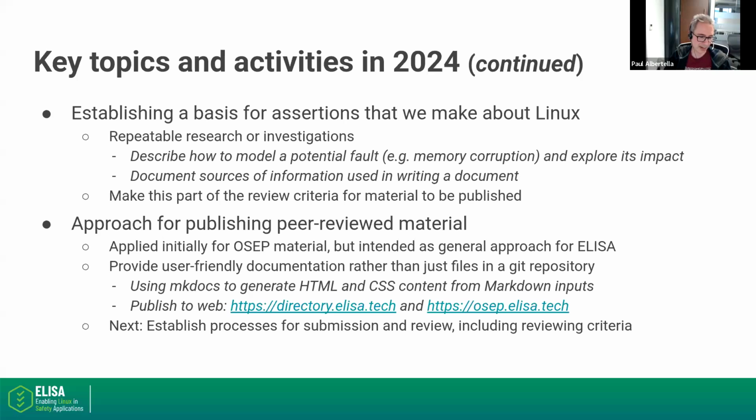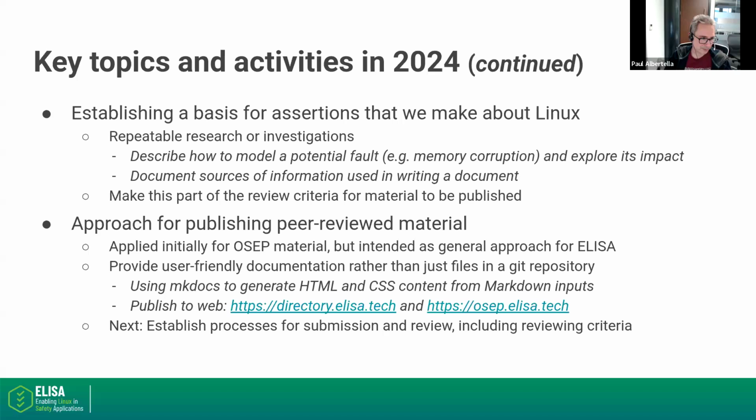The principle here is to have the source code, if you like, for the documentation in Markdown in your Git repository, where you can control it and people can see it and comment on it. But then you want to turn that into something that is easier to read and easier for people to interact with. We're using a tool called MkDocs to generate the content.